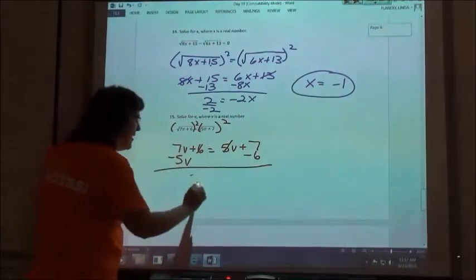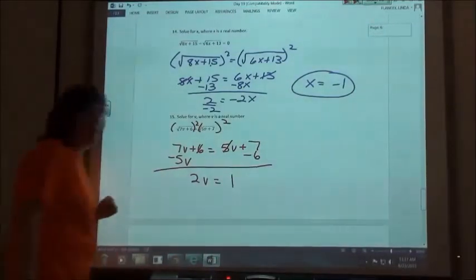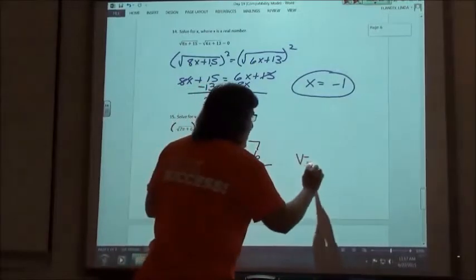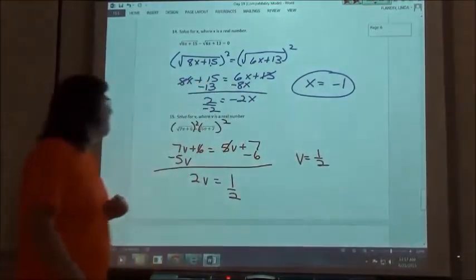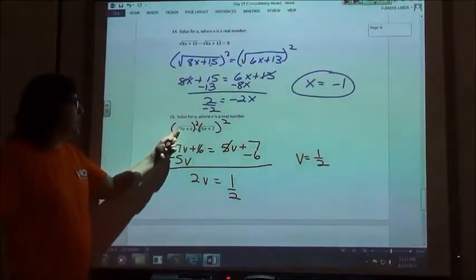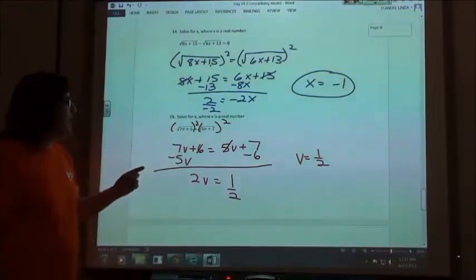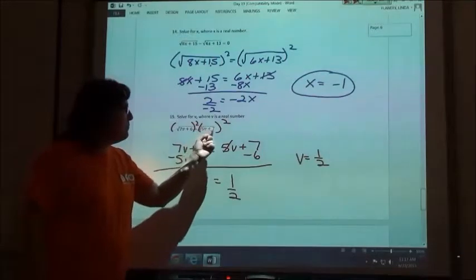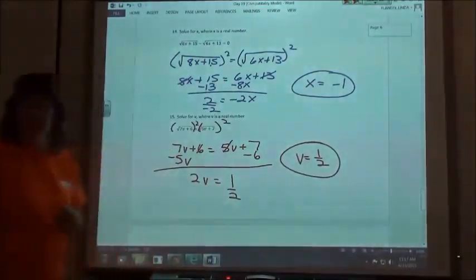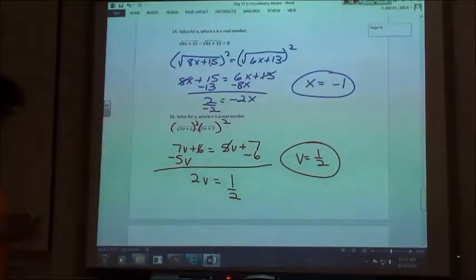So 2v equals 1. And dividing, v equals a half. So that would be 3.5 plus 6, which is 9.5. That would be 2.5 plus 7, which is also 9.5. So it checks out.